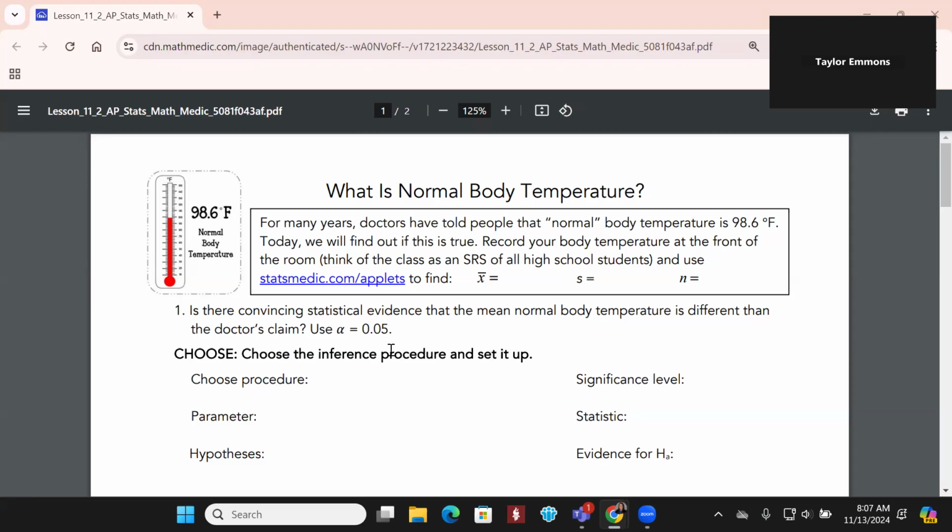What is normal body temperature? It's 98.6. What is it in Celsius? I think it's like 36.